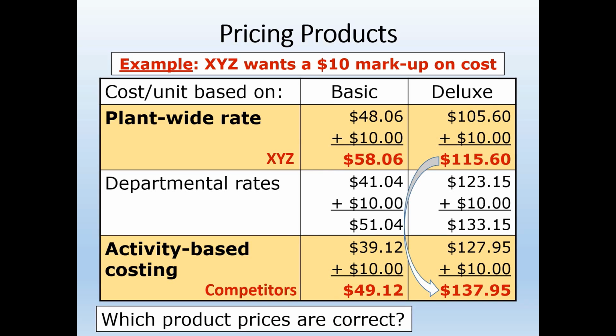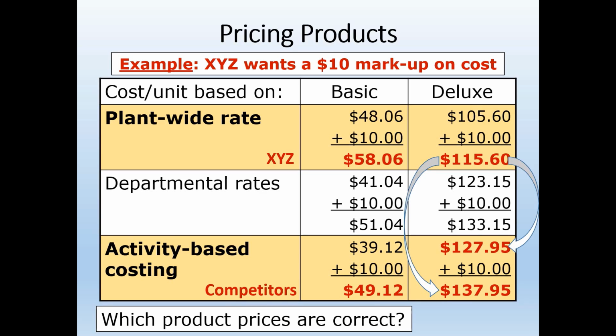At the same time, XYZ will be selling its deluxe units for a bit more than $115 each, while the competitors are selling their similar units for almost $138 each. XYZ's deluxe units will fly off the shelves because they're a bargain compared to the more expensive but similar competitors' units.